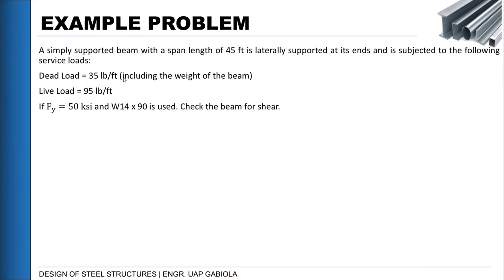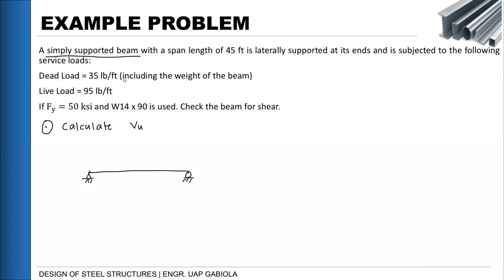So, first, kailangan natin malaman is to calculate, since shear pinag-uusapan natin, kailangan natin calculate yung ating ultimate shear. Okay? So, ultimate shear yung kailangan natin. And to do that, meron daw tayong simple supported beam. Walang diagram kasi. So, simple support. Okay?